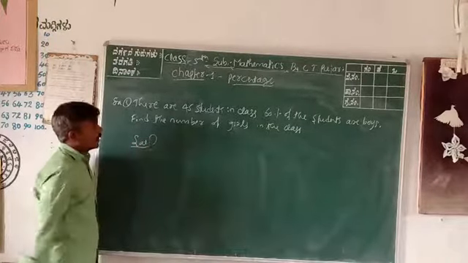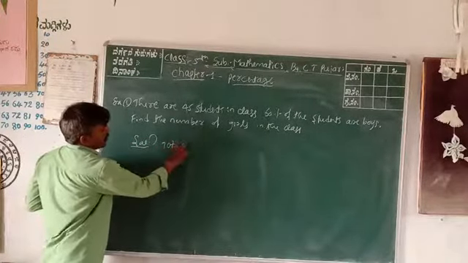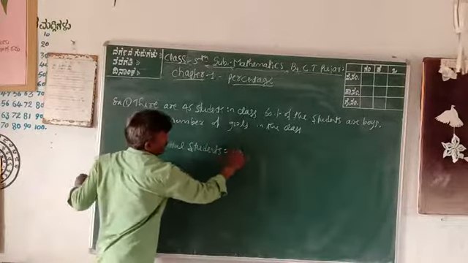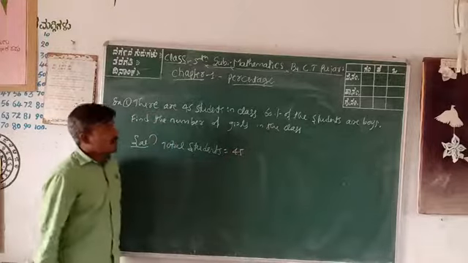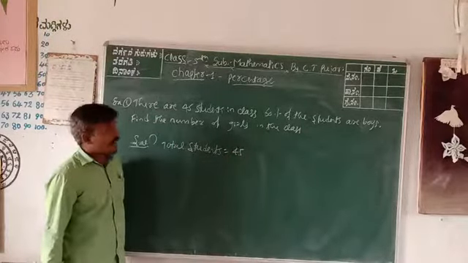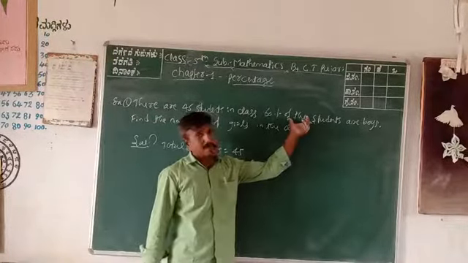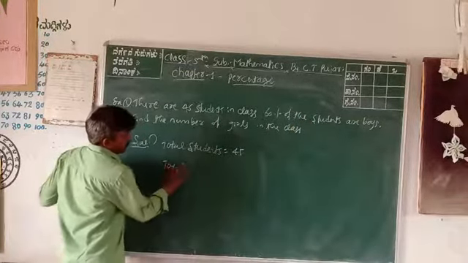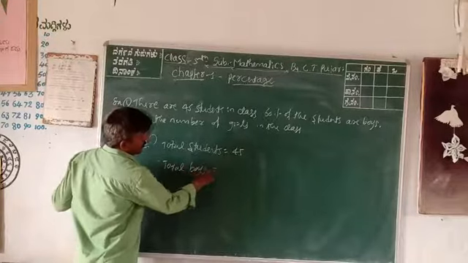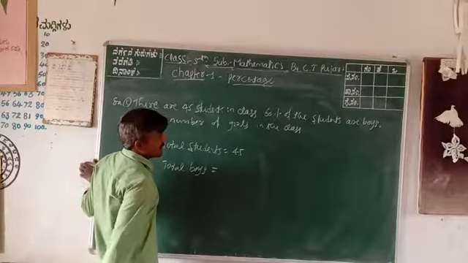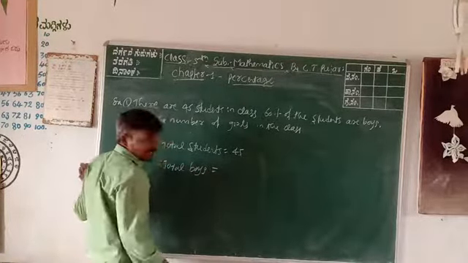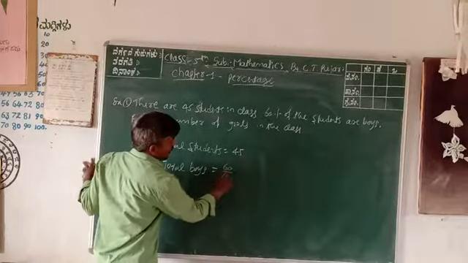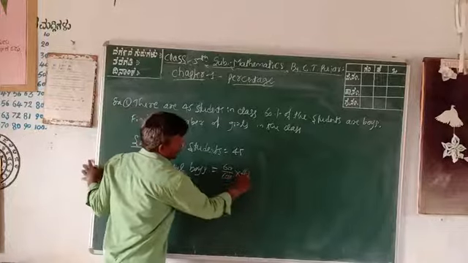Solution. Therefore, the total number of students is equal to 45. The boys' percentage is given, so you can find out the number of boys. Total boys is equal to the boys' percentage, 60%. 60% into a fraction, therefore 60 by 100, times the total 45.